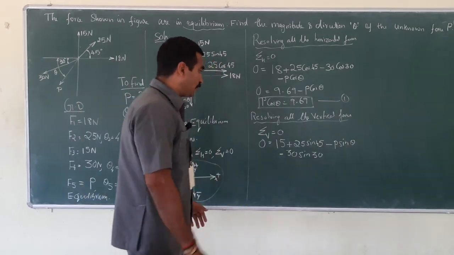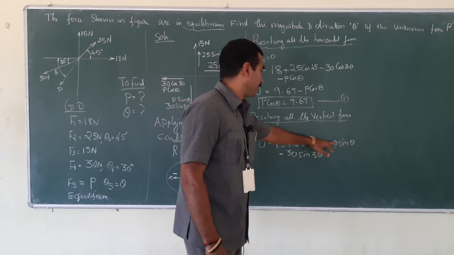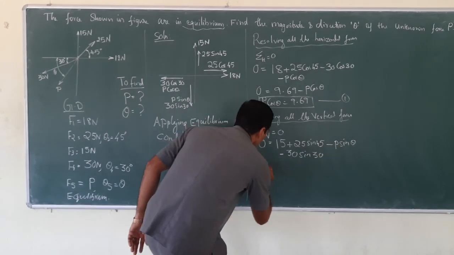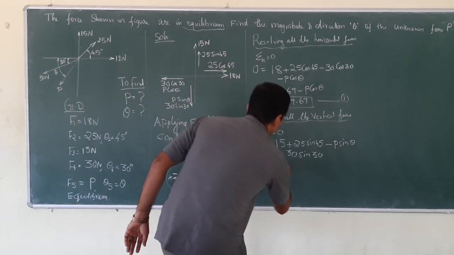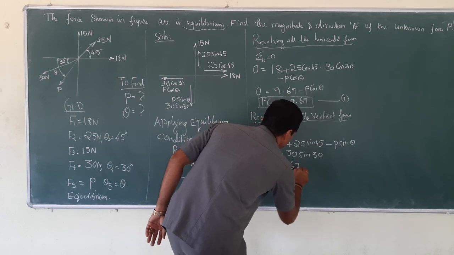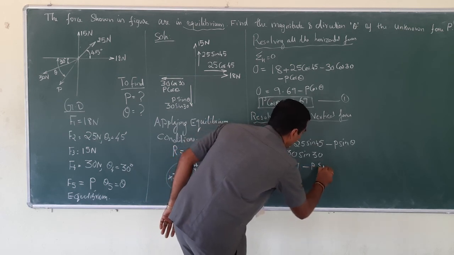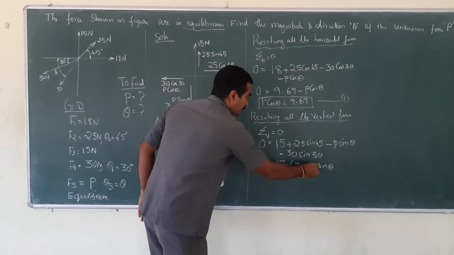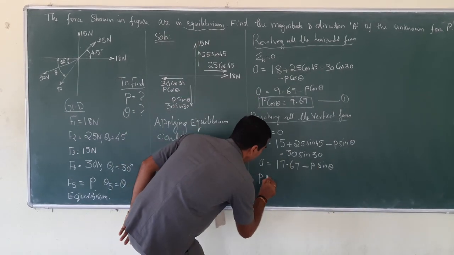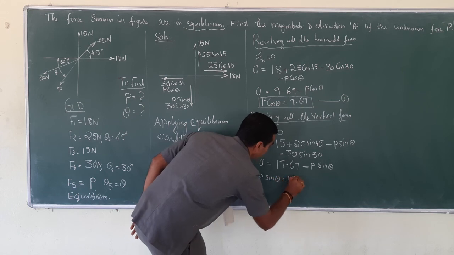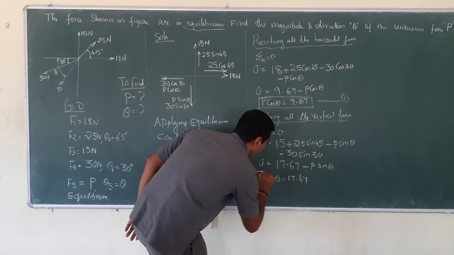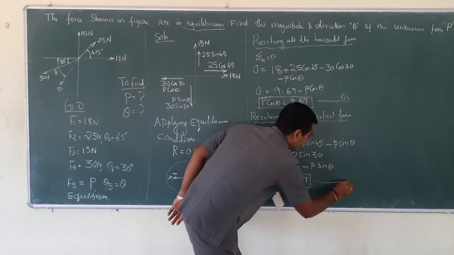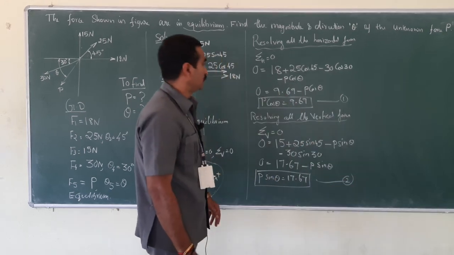So if you use the calculator to feed all the values, you will get 0 equal to 17.67 minus P sin theta. This can be brought here. So P sin theta equal to 17.67. This is equation number 2.